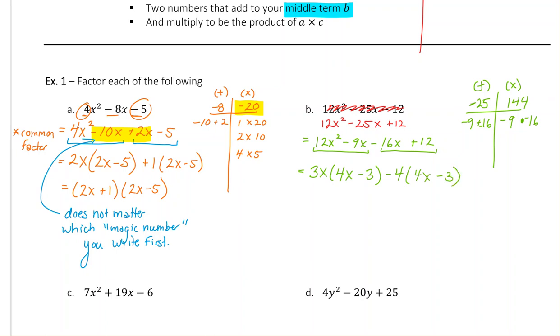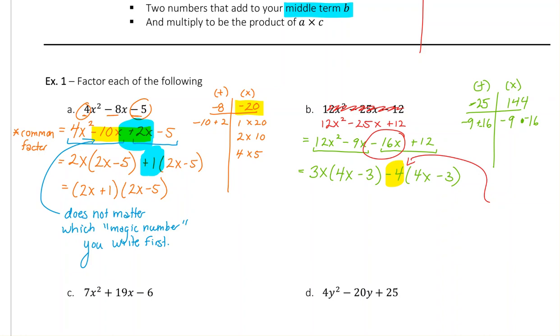Now, another question some people ask here is, how do I know when I'm factoring out a positive or a negative number? Well, if you notice, this value right here was negative 16, so I factored out negative 4. If you go back to the previous example, this number right here was positive 2x, so I factored out positive 1.